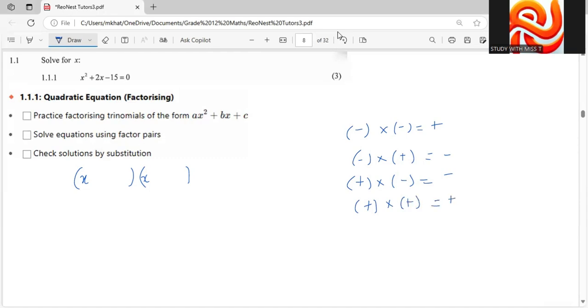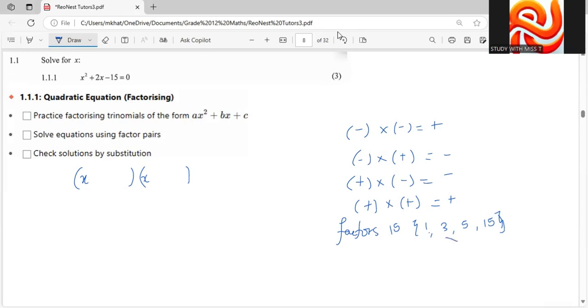Okay, so I'm going to look for 2 numbers that I can multiply to get 15. The best thing I can do here is look for the factors of 15, which are 1, 3, 5, and 15. All right, so I'm going to ask myself, can I take 1 and 15? No, because when I add 1 and 15, I'm going to get 16. When I subtract 1 and 15, I'm going to get a positive 14 or a negative 14. So in this case, I can't.